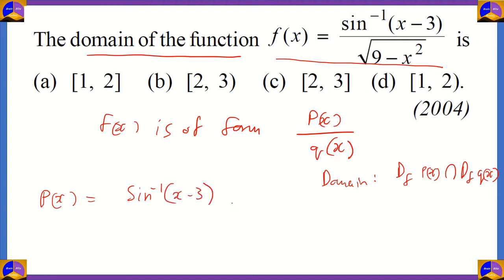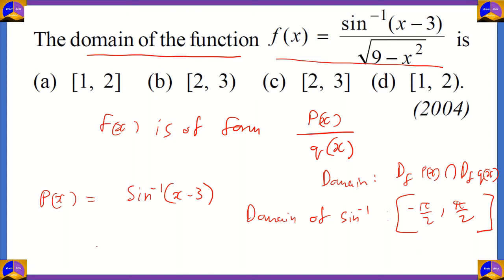Now, in the chapter inverse trigonometric functions, you will know that the domain of the sine inverse function is minus pi by 2 to pi by 2, and this is a closed interval.